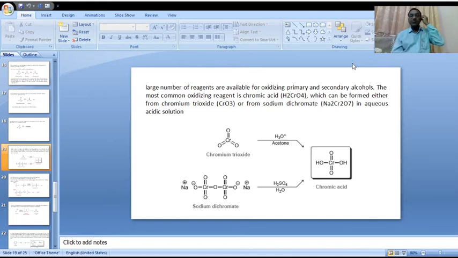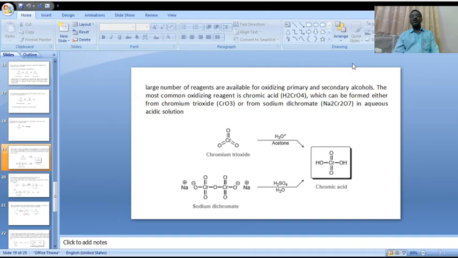Now let us go to another oxidizing agent, the one most commonly used in the oxidation step: chromic acid. A large number of reagents are available for oxidizing primary and secondary alcohols.